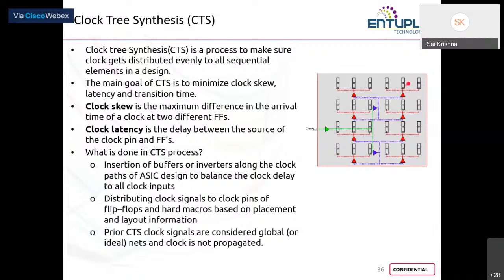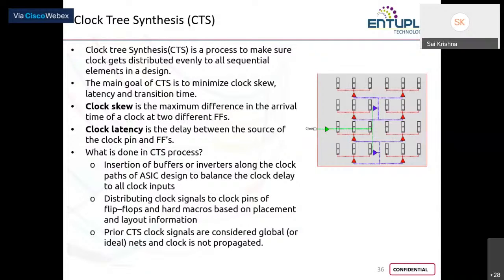Okay, so now let's say this flip-flop and the one which is very close are communicating with each other. That means they form an edge-to-edge path. For one flip-flop, your clock is arriving very early, so compared to the second one, your clock will switch early.